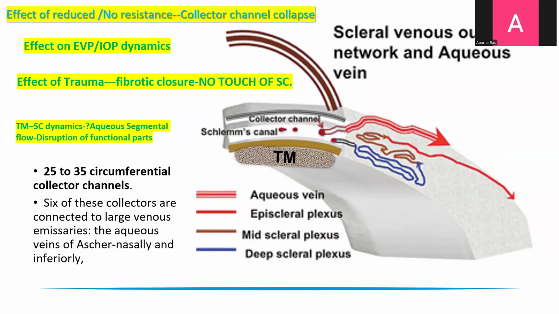A few of these channels are also connected to large venous emissaries, namely the aqueous veins of Ascher. It's important to understand that dynamics of aqueous flow through these channels are impacted by any surgery that causes a differential in pressure across the outflow components, right from the trabecular meshwork, the Schlemm's canal, the collector channels, deep down to the scleral plexus.